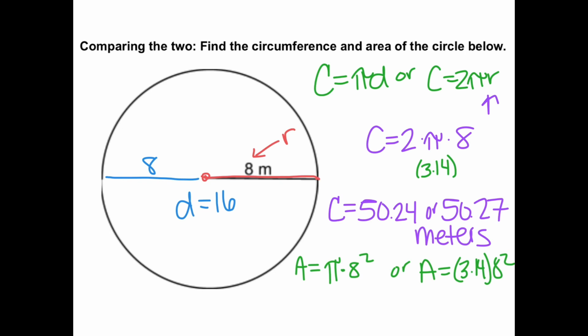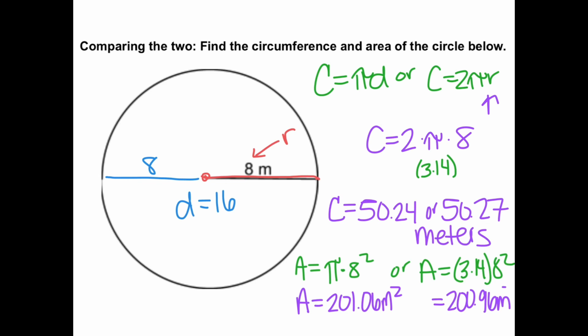I'll tell you that when I'm writing it, I always use the symbol pi because using 3.14 just takes too long to write. I will always use the symbol pi. And honestly, my calculator just kind of depends on if I feel like getting the pi symbol or not. So for using the pi symbol, it is 201.06 meters squared.